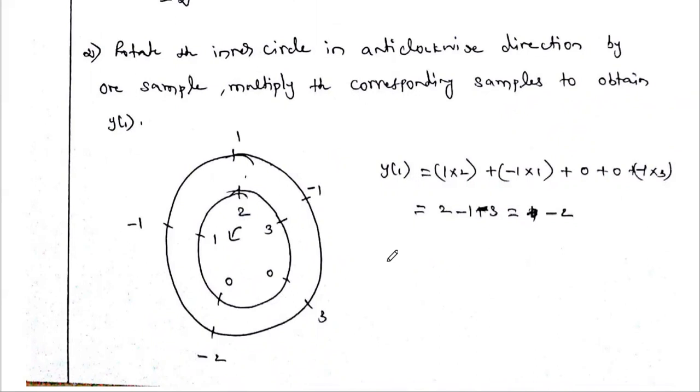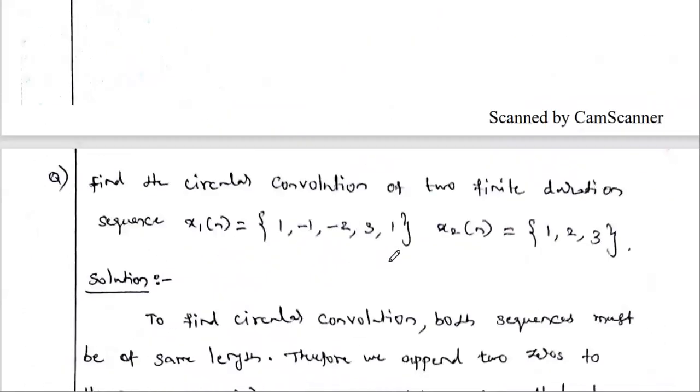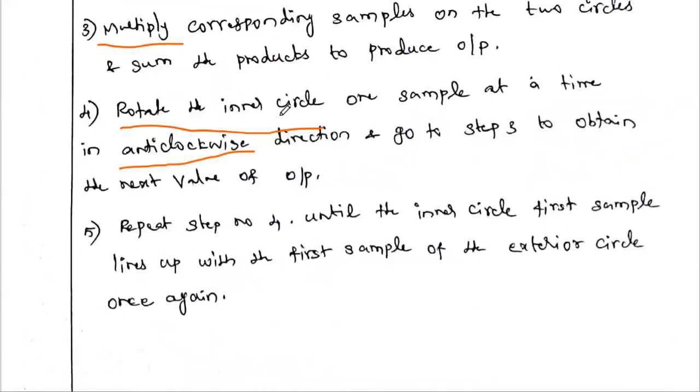Similarly we have to perform it for the remaining positions. How many times do we perform this step number 4? If the two given sequences have 5 data, in x1 of n and x2 of n, we have to shift the data by 4 positions. The fifth time we shift, we get the same input data as the first step again.